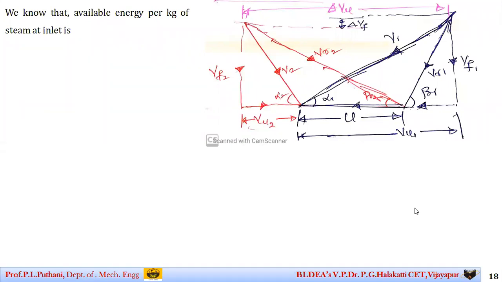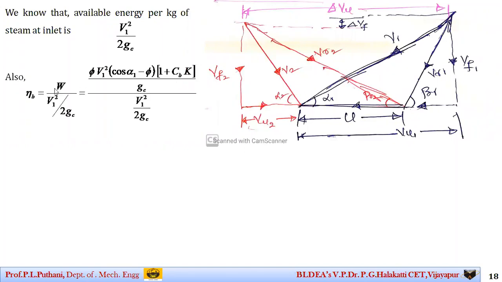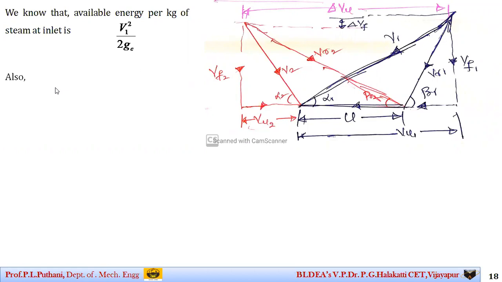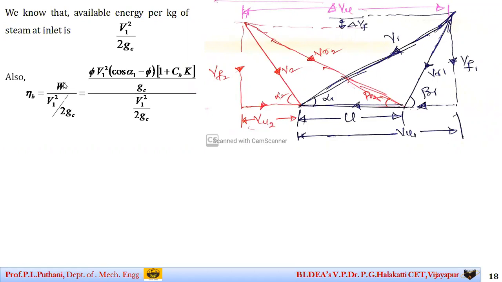We already know the energy available at the nozzle inlet is V1 square by 2 GC, which I can write in this form. We know that the blade efficiency which we defined previously is the ratio of the work done to the energy available at the inlet.